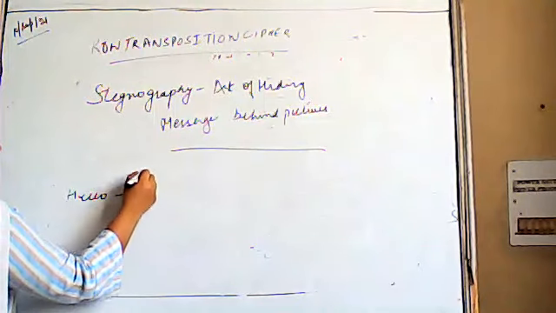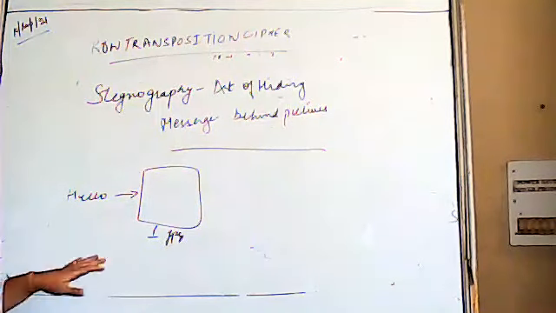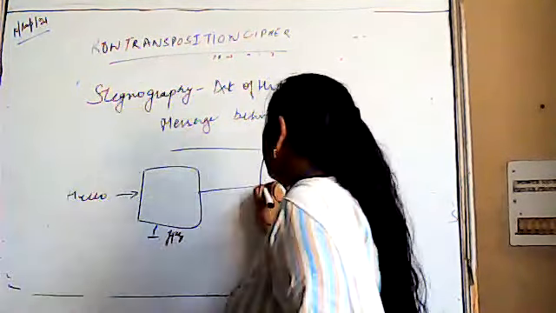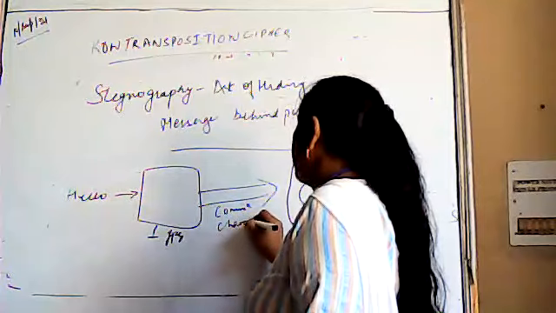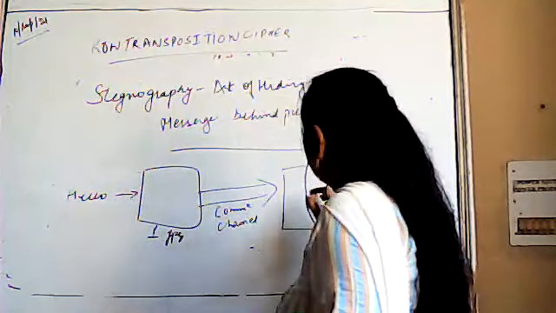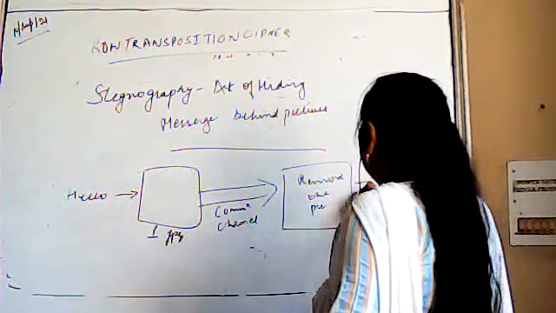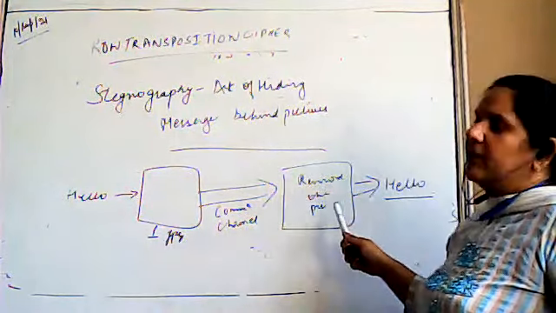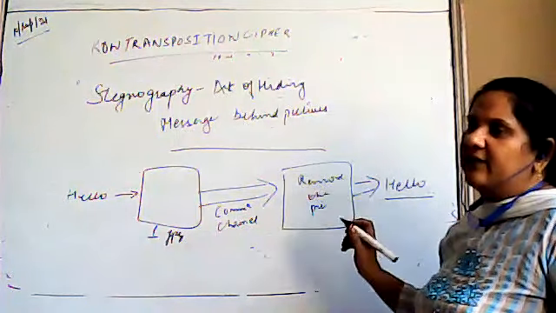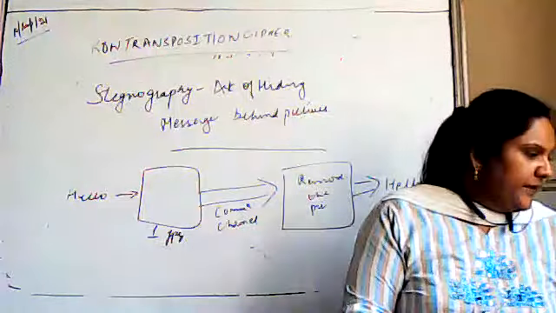Suppose this is a message, say hello. It is combined with picture 1.jpg. The foreground would be 1.jpg, whereas the back text would be the message sent over the communication channel or internet and received by the receiver. So remove the picture and get the original text. The receiver will be able to remove the picture and read the text which is behind the picture. This is called steganography.